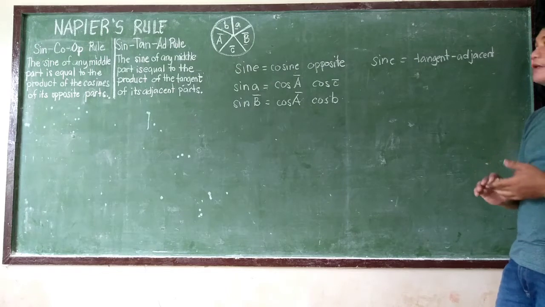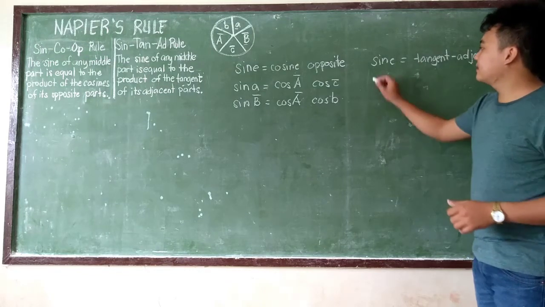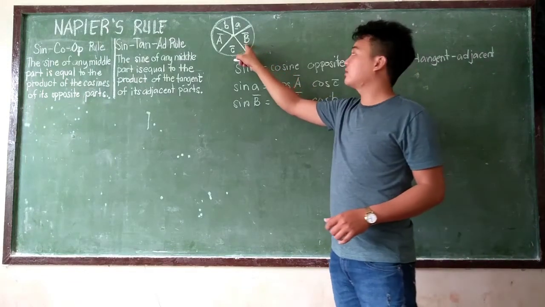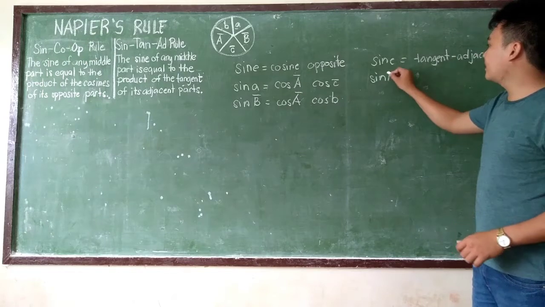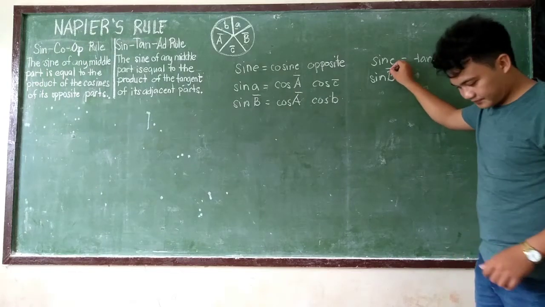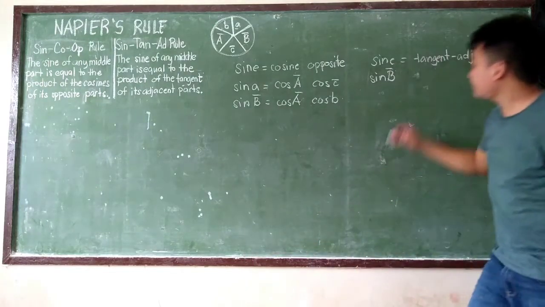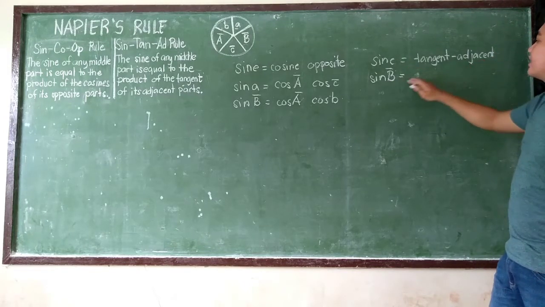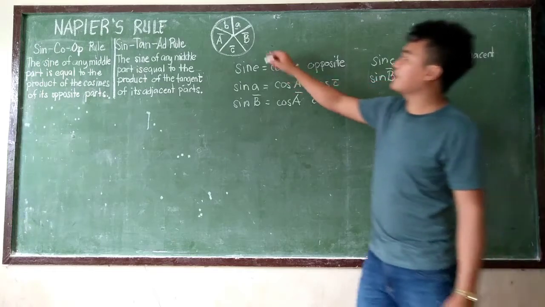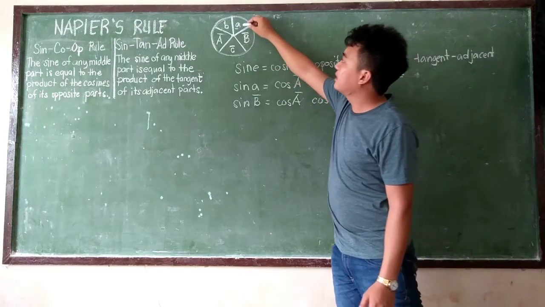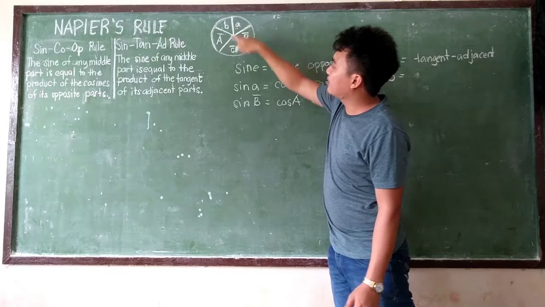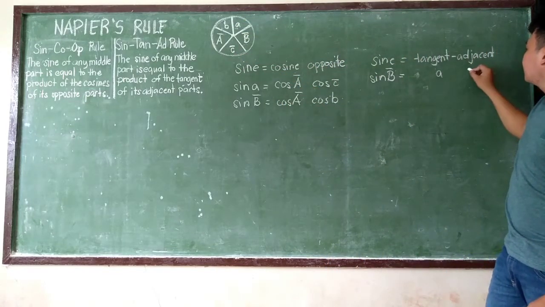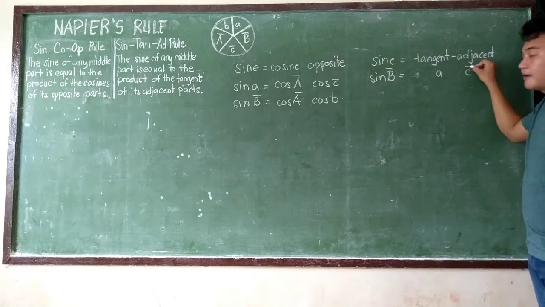So, for example, we have sine B bar. We have to get the adjacent parts of B bar. The adjacent parts of B bar are A and C bar.